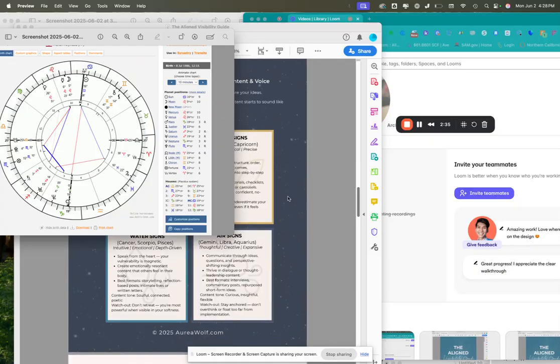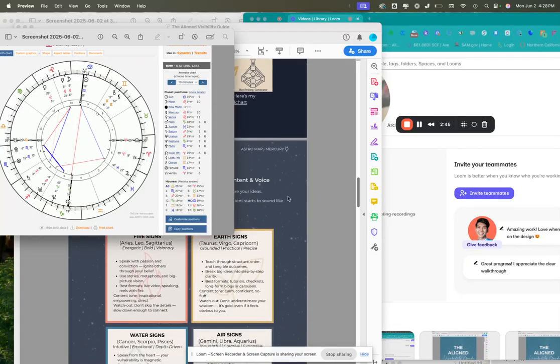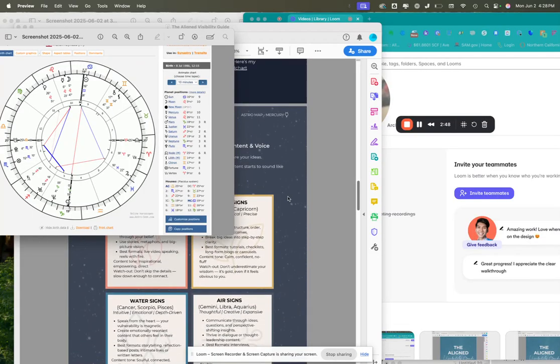So you're going to find yours. I'm showing you here on Office's chart, and I'll go over Office with you. Office has Mercury in Leo, and Leo is a fire sign. For his Mercury being in Leo, that means his most magnetic communication style is bold, creative, and comes straight from the heart.